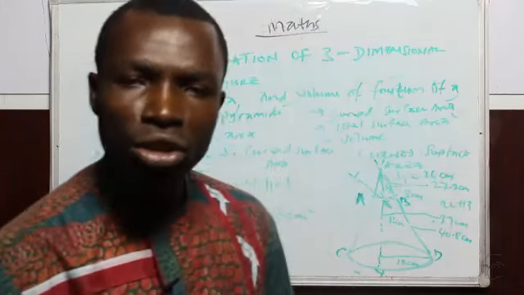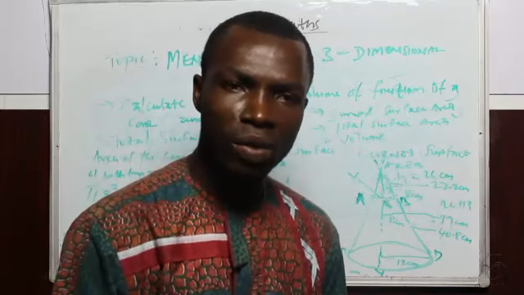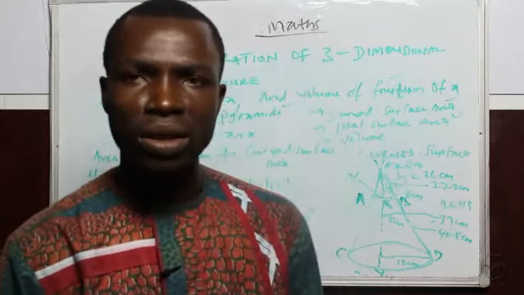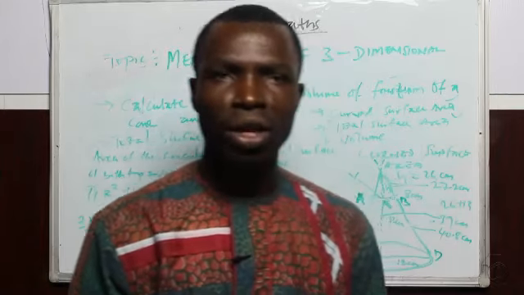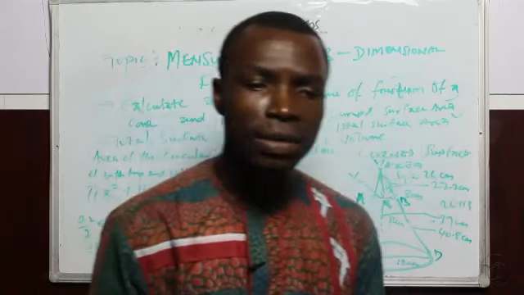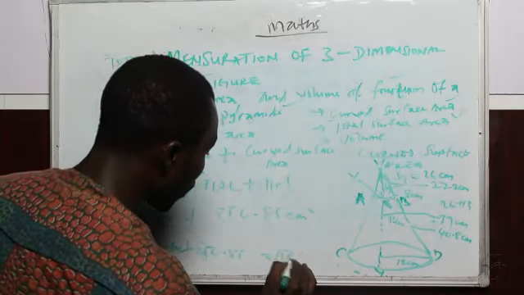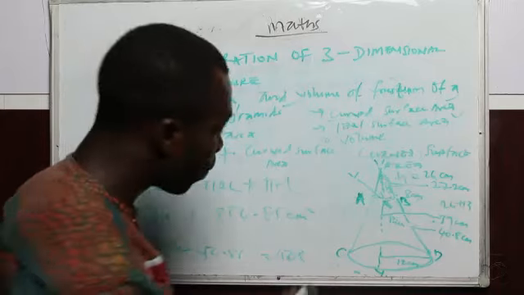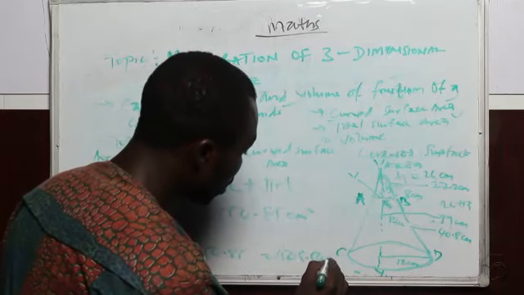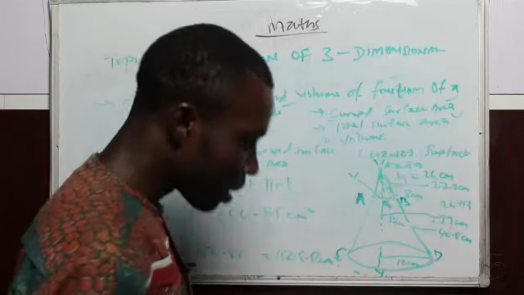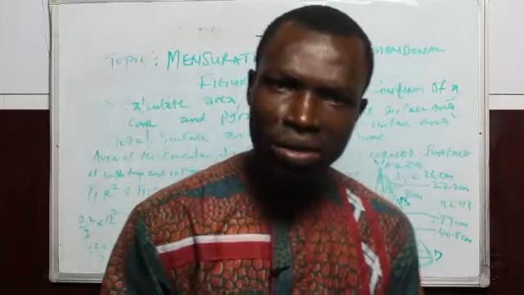And the answer that you're supposed to get in your calculator, check your calculator, is 1508.56 square centimeter. I guess you are correct. Check your calculator very well.